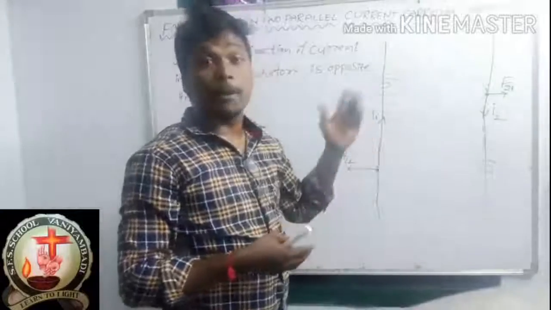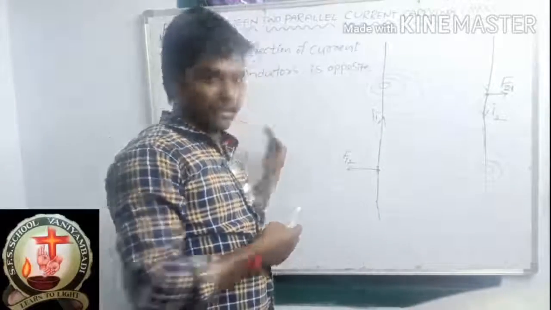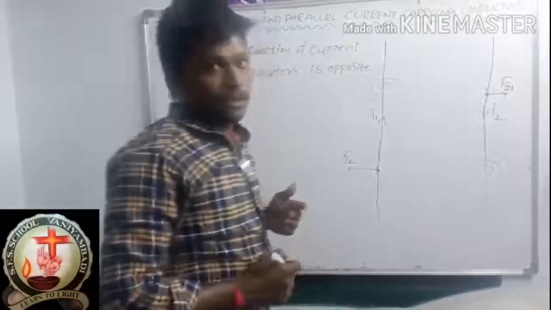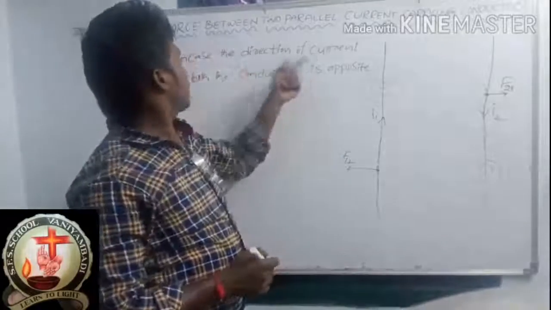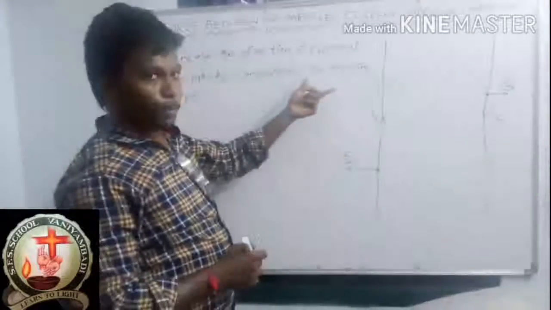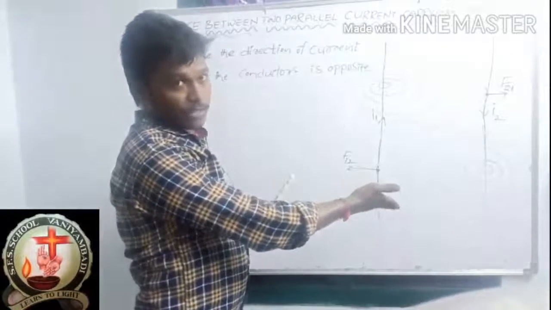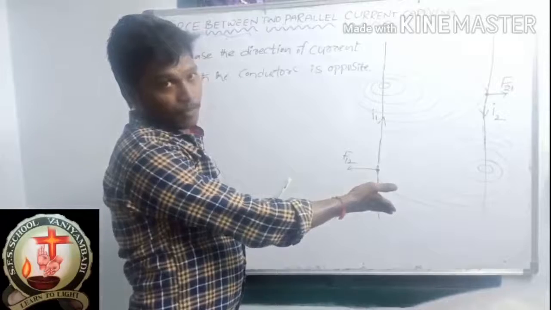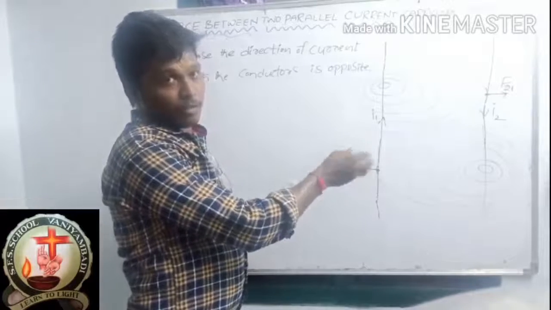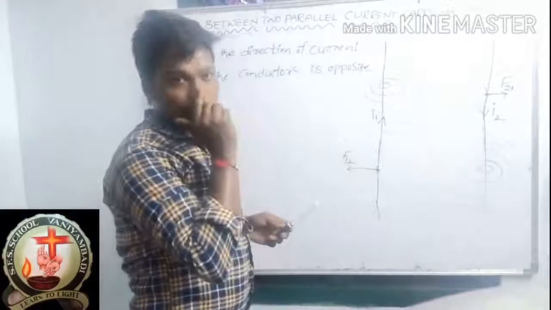Here a force of repulsion will form. This force is acting on this side and this force is acting on this side. So when the direction of current in both conductors is opposite, the force is repelling.